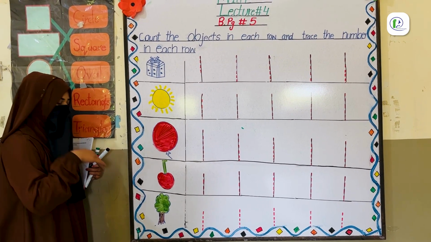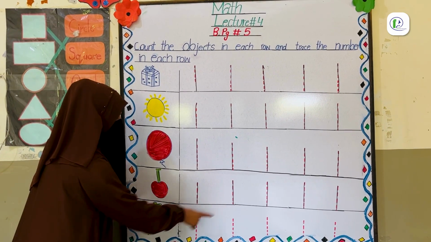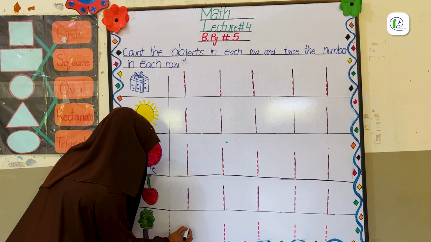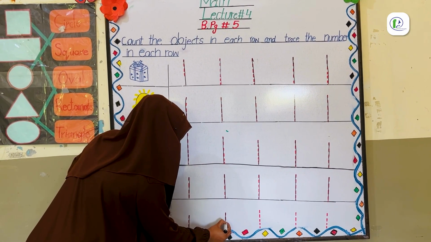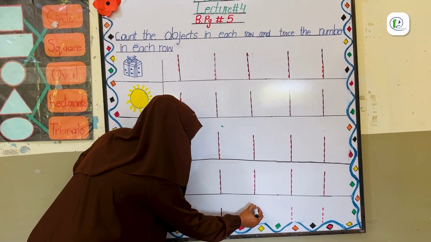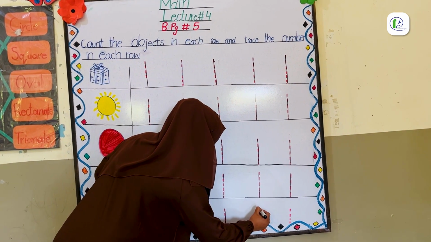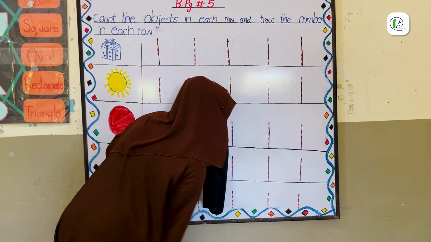Let's start counting with me. So we will trace the number 1, which is here. Pick up your pencil and trace the number 1. Like that.